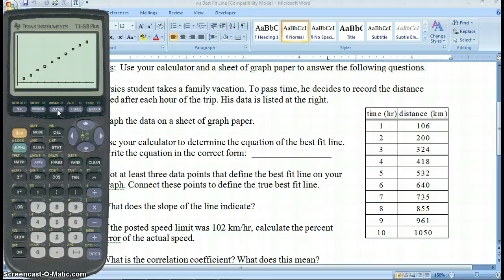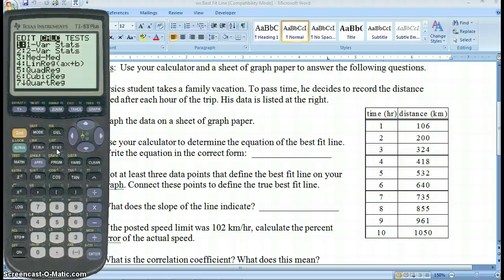Well, I want to know a little bit more about that data. I want to know what the slope is. I want to know what the y-intercept is. And I want to be able to figure out if my data is precise. How well does the x variable correspond with the y variable? So we need to go back to the stat menu. And instead of going back and editing my data, I'm going to go to calculate.